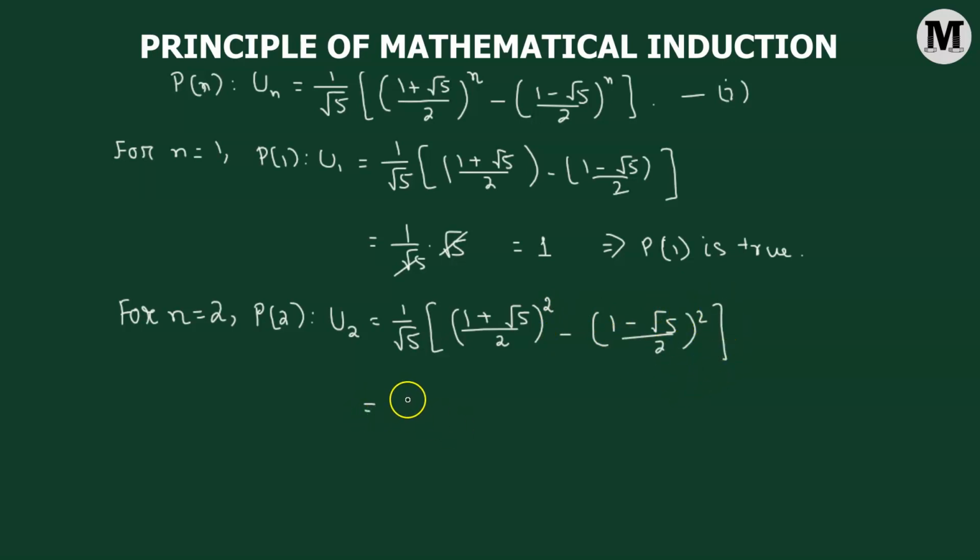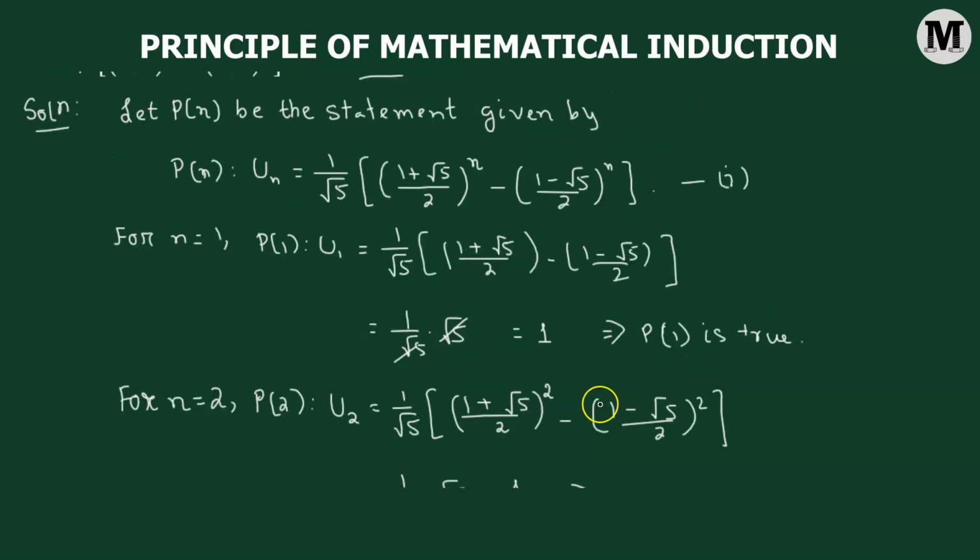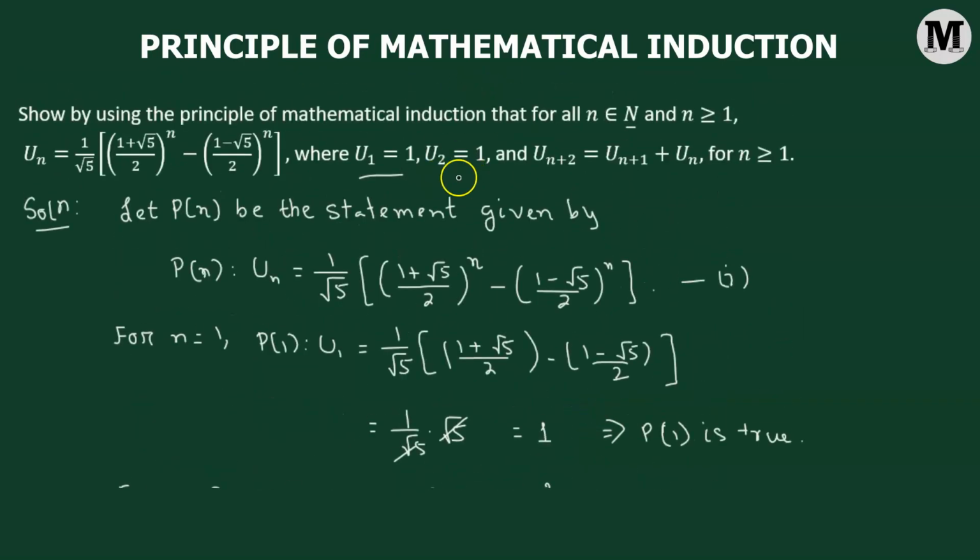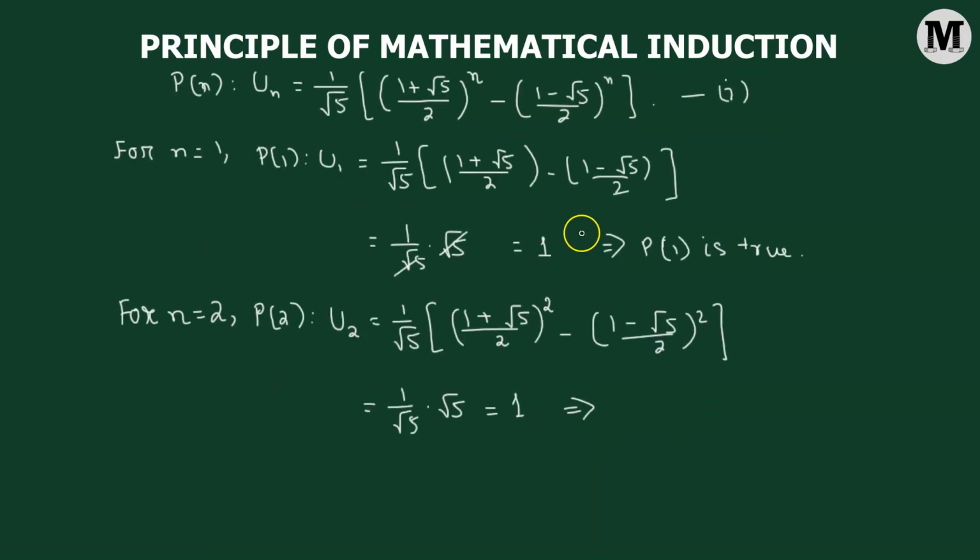I'm leaving this as an exercise for you to try out. Simplification gives us square root of 5, which gives us 1. Since it was given in the problem that u2 is also 1, the statement P of 2 is true as well. So we have shown that the statements P of 1 and P of 2 are true.